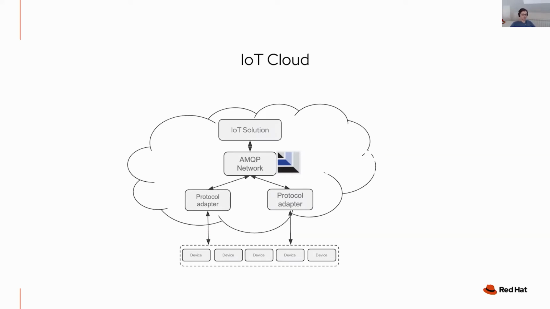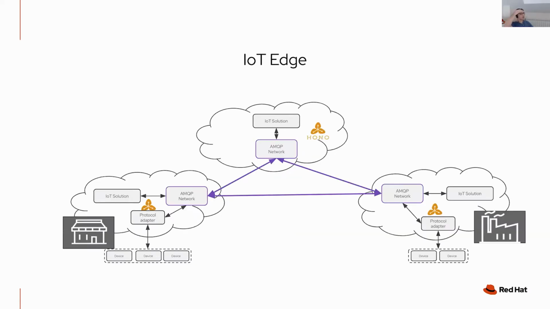So right, we have devices connecting directly to the cloud and over the messaging network today. That's the AMQP network connecting it to IoT solutions. Where we want to go with the IoT Edge is to distribute this architecture a little bit.